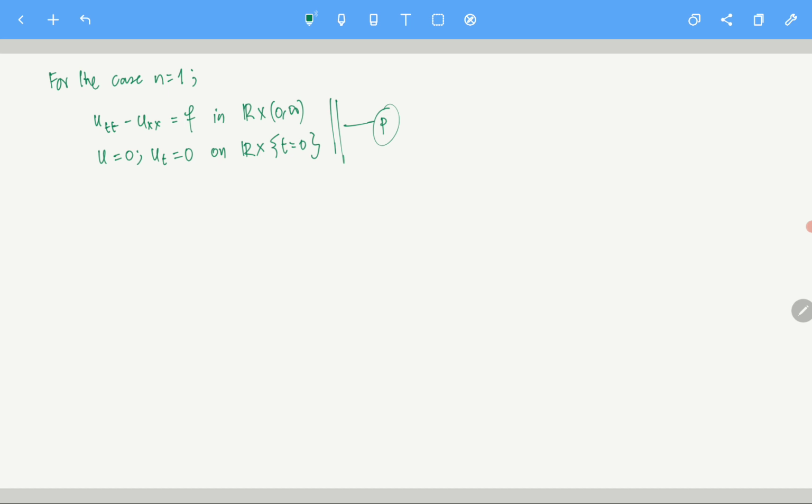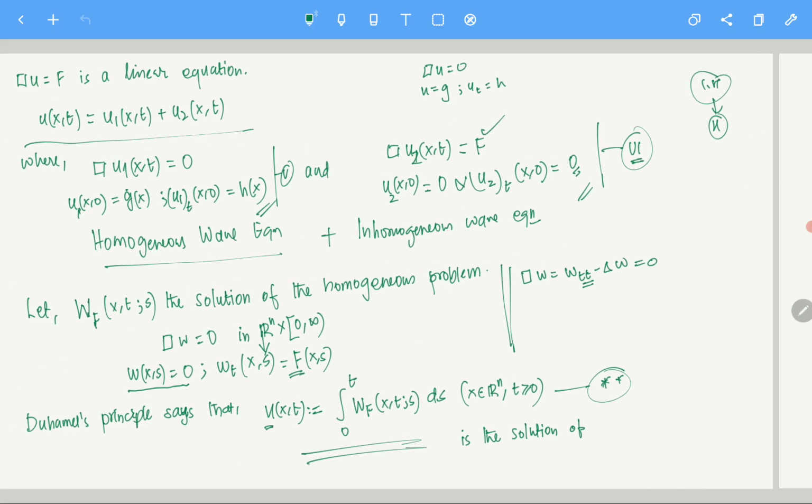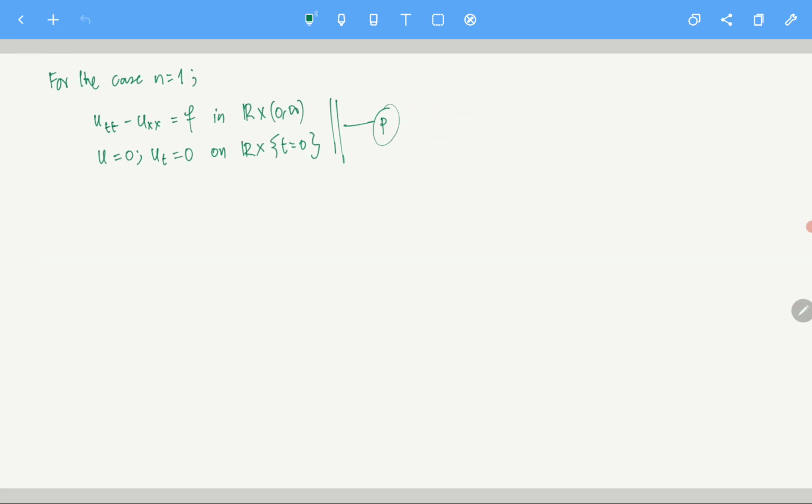The exact same thing which we did for the earlier case applies here. The problem P can be divided into two parts, 4 and 5. Let me write it properly, so there is less confusion. Let's say this is g, that is h. To solve this problem P, I can break it up into two parts.